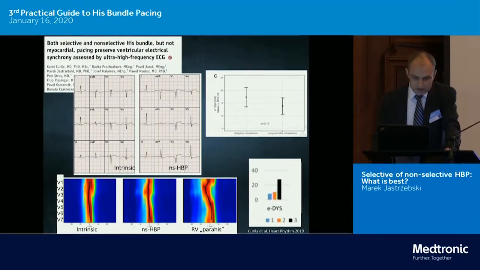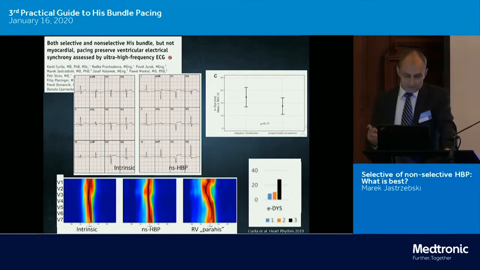Dr. Kurila, who is with us today, invited us to participate in this study, which looks at the synchrony during non-selective His pacing and selective His bundle pacing with a novel method, ultra-high frequency ECG, which is a kind of analysis of the QRS by looking only at the high frequency components.